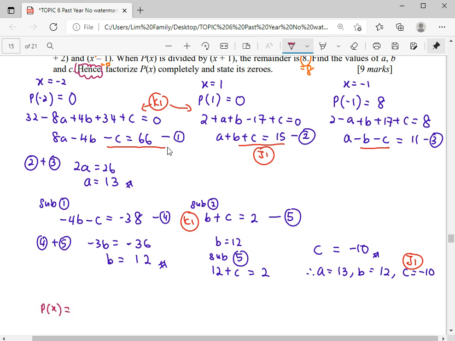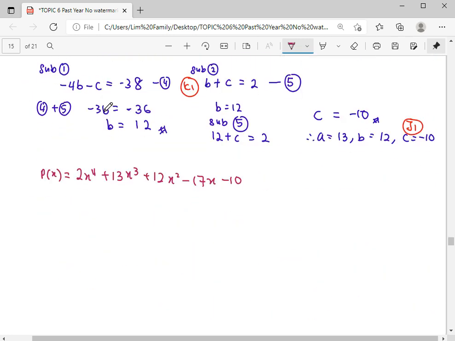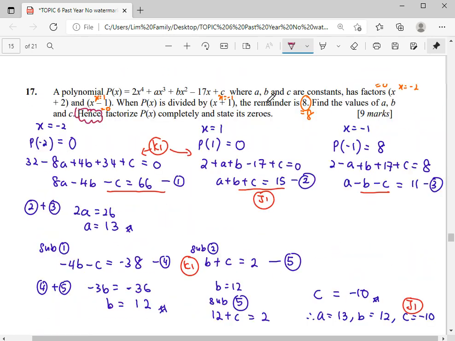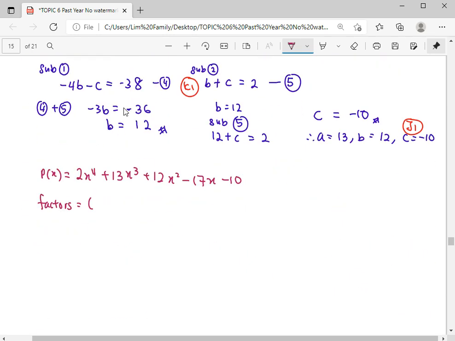When we substitute A, B, C here, it will become 2x to the power 4 plus 13x cubed. So how do we factorize it completely? We divide by its factors. For this polynomial, we have two factors here, given, which are x plus 2 and x minus 1.